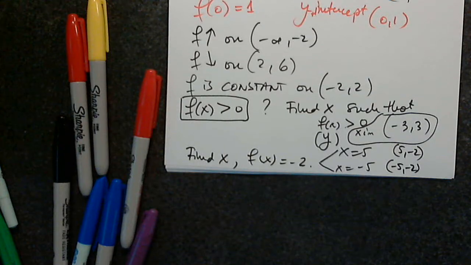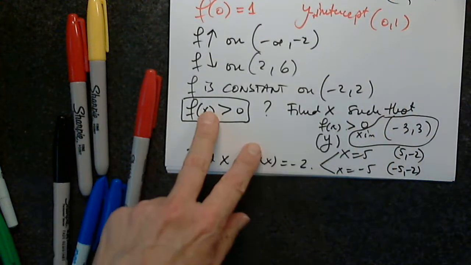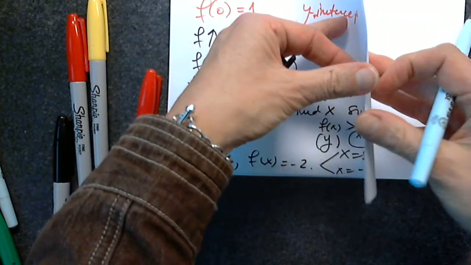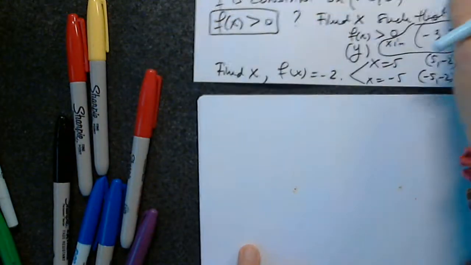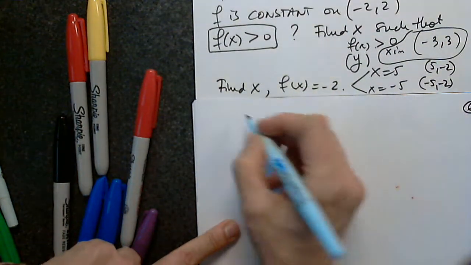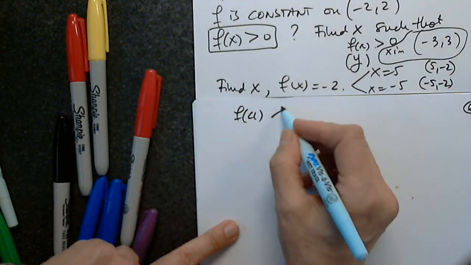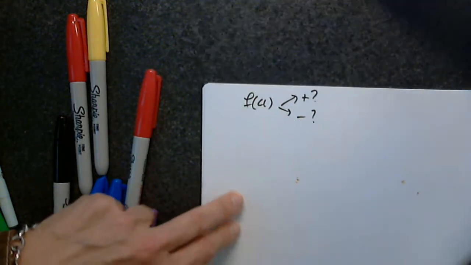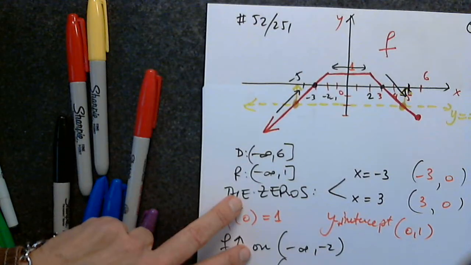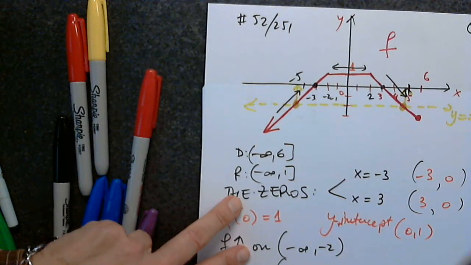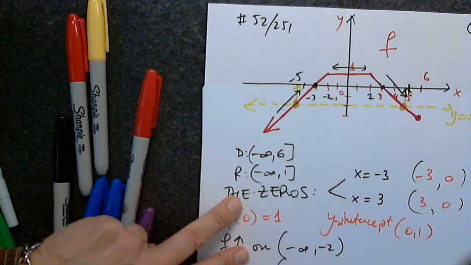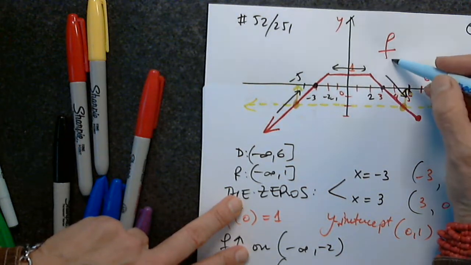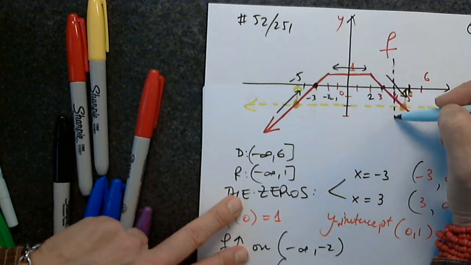Is f of 4 positive or negative? That's my page 6 coming up. So what am I given? I will draw a vertical line at 4.